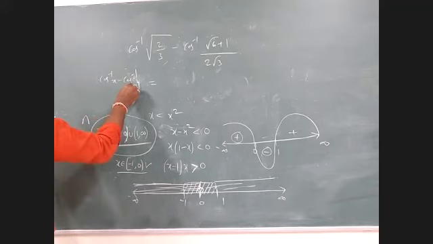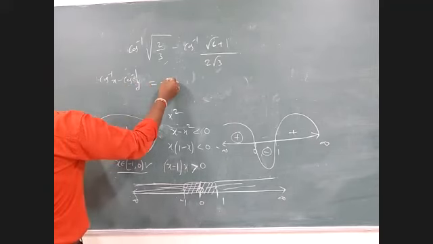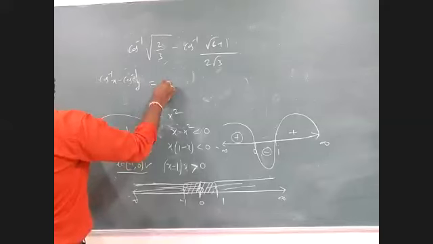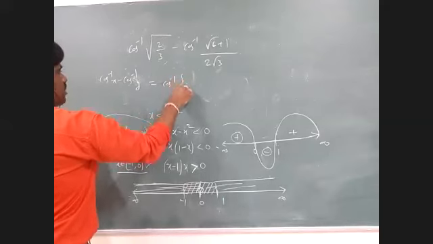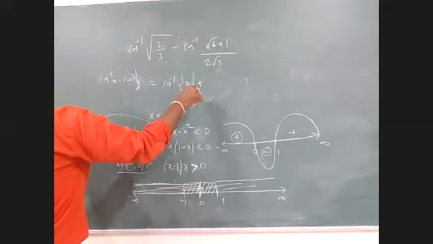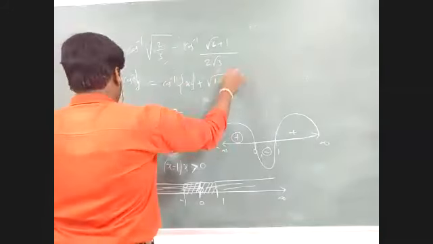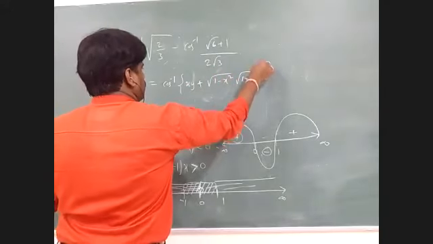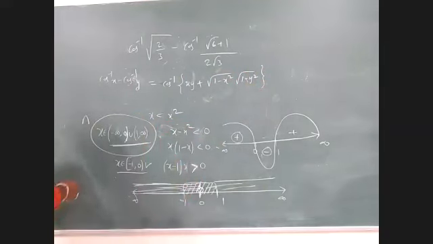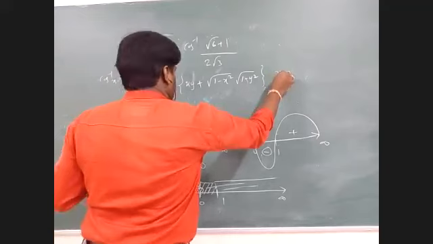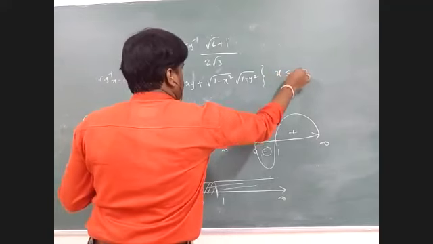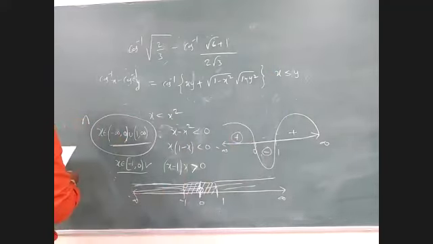Cos inverse x minus cos inverse y formula is minus cos inverse of xy plus under root of 1 minus x square into 1 minus y square. This is the formula if x is less than or equal to y.